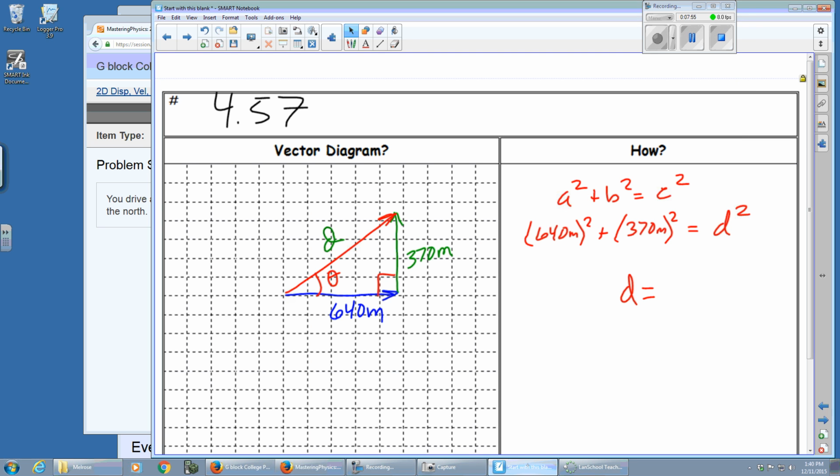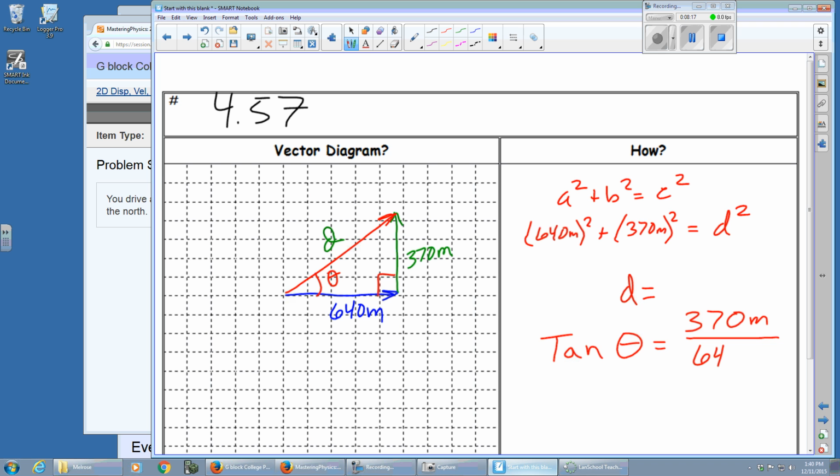So, my theta, let's see, 370 is opposite, 640 is adjacent. Oh, I can use tan, because that's the TOA, right? So tan of theta is opposite 370 meters over adjacent 640 meters, right?